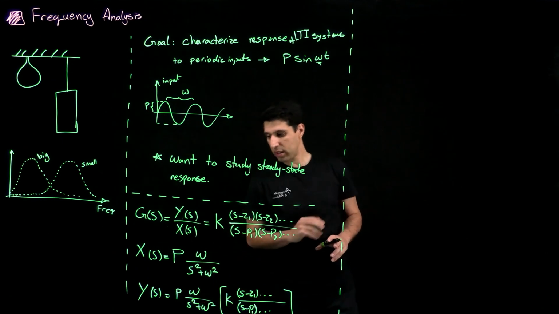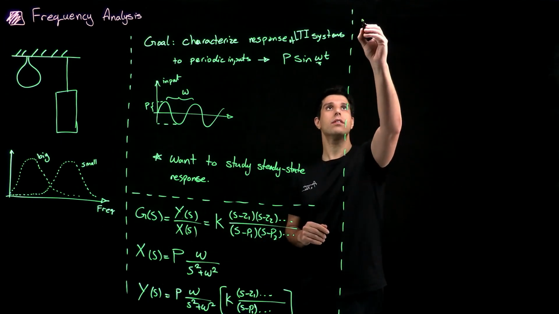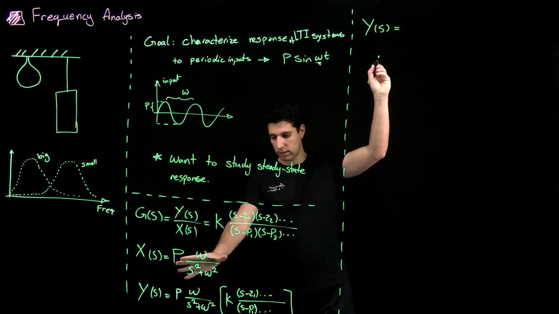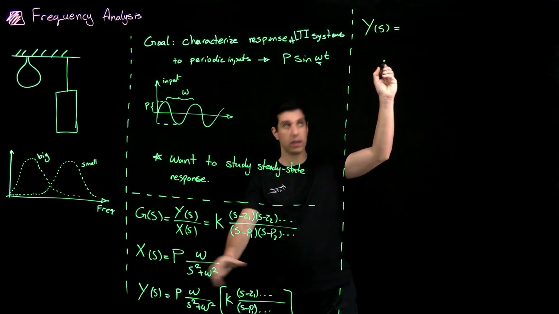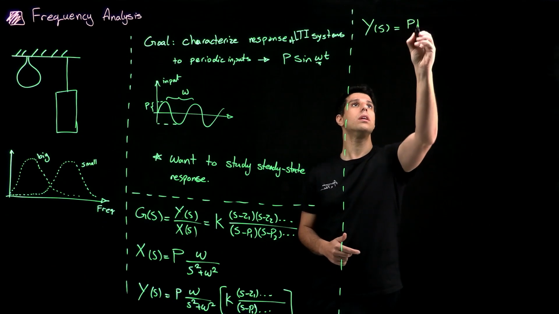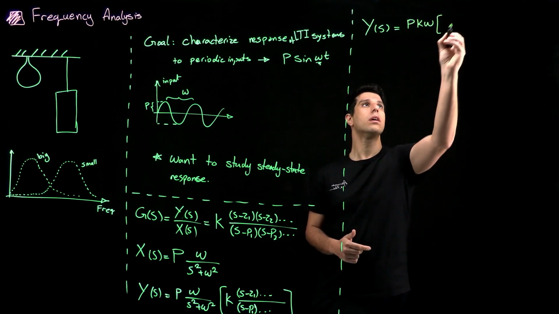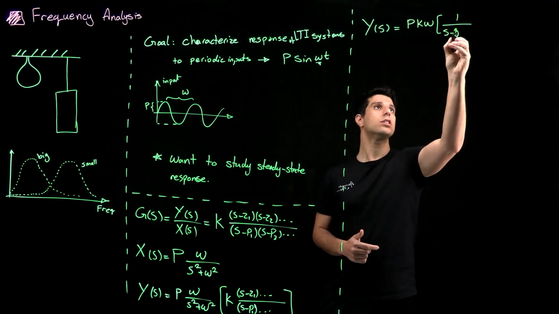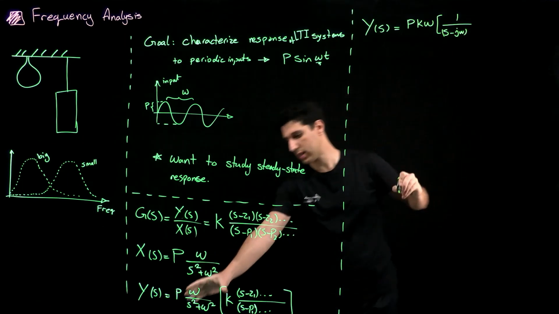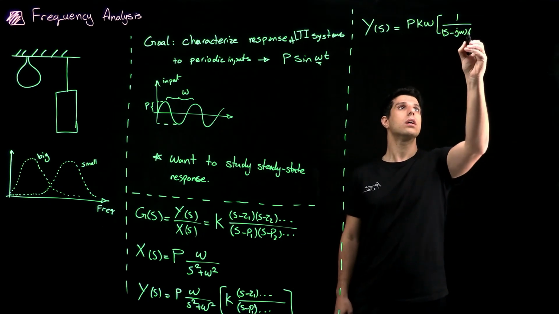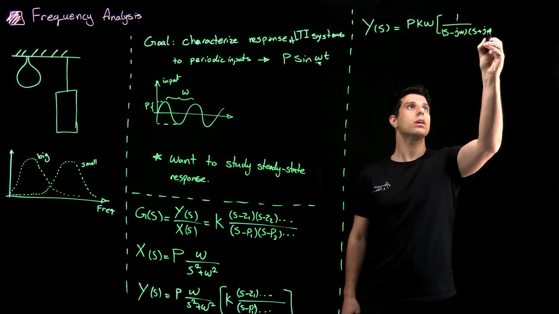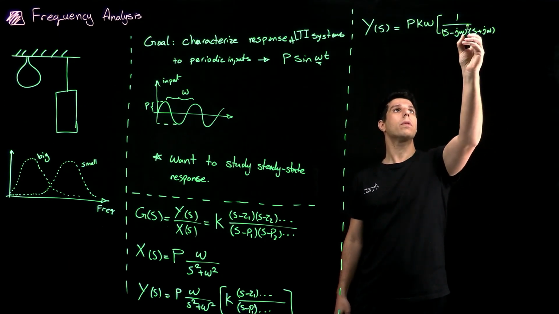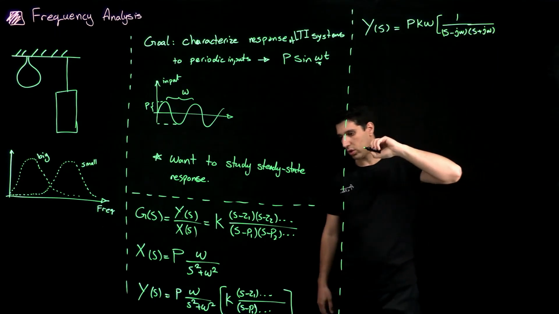If I want to find Y of s, let me rewrite it: Y of s equals PK omega times 1 over s minus j omega, s plus j omega. I'm going to break this down into two terms. That is my s squared plus omega squared.